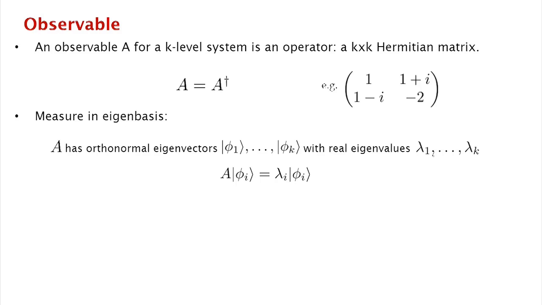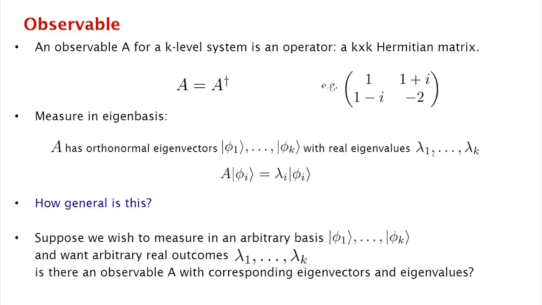But now we can ask the question, is this new notion of a Hermitian operator as general as our old notion? In other words, suppose that I pick an arbitrary orthonormal basis, phi 1 through phi k, and I pick arbitrary real outcomes that I want, lambda 1 through lambda k.